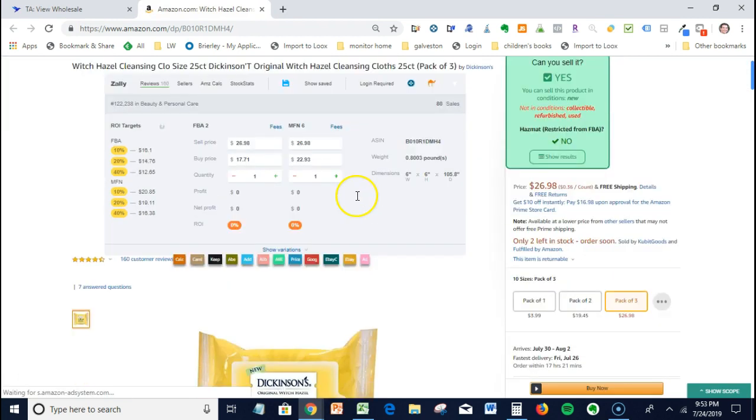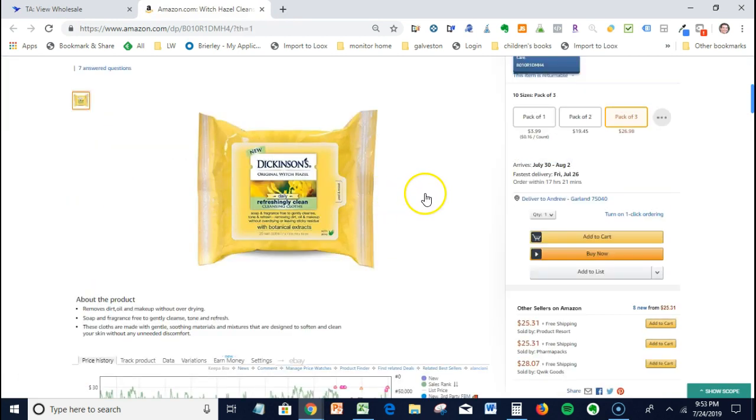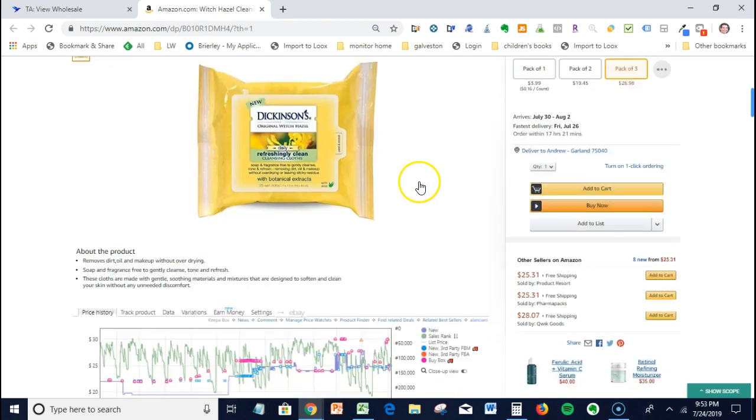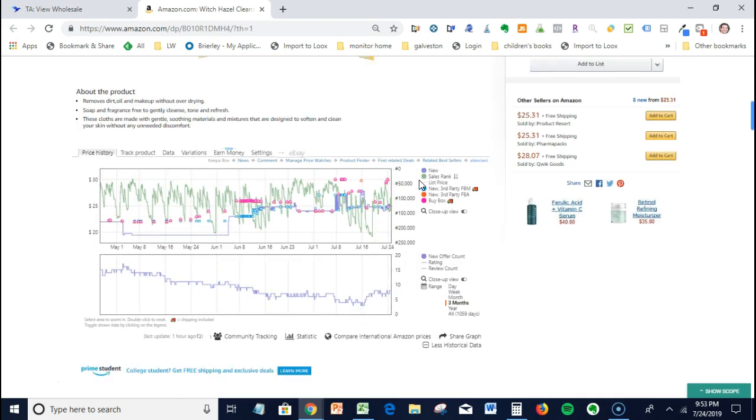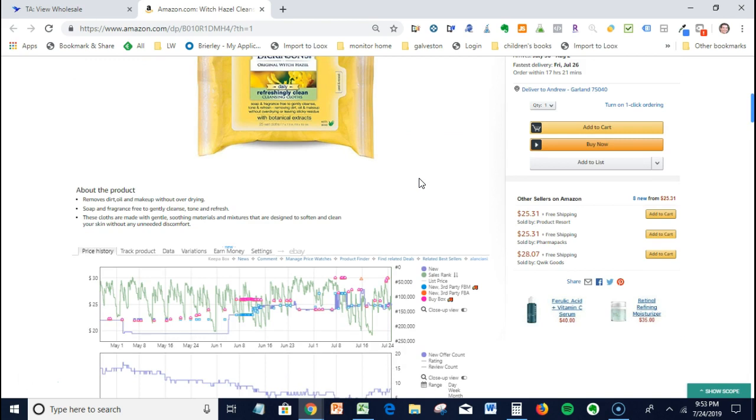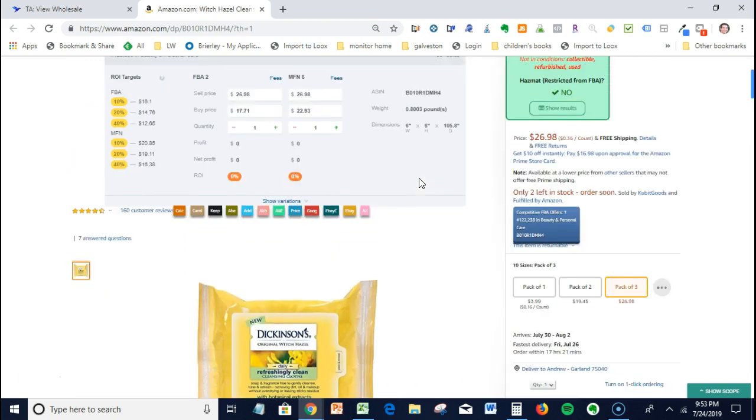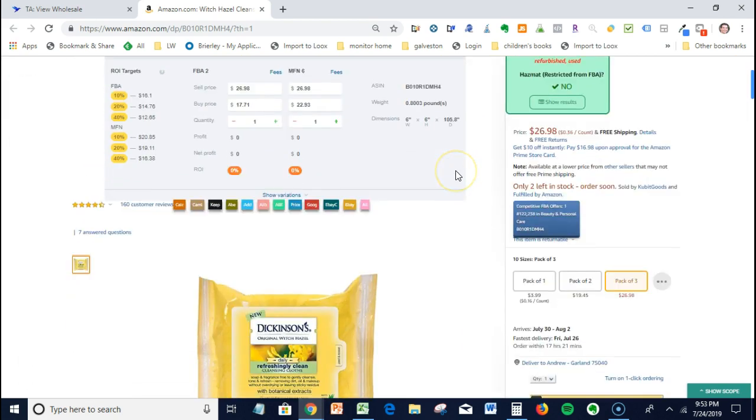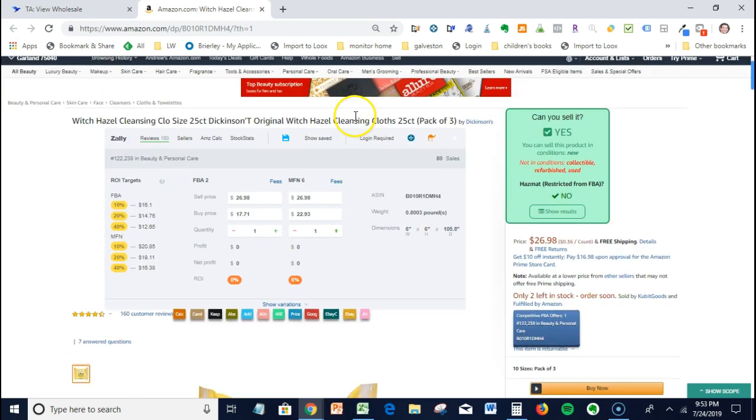Okay, so what do we got here? This is a 3-pack for $26.98. Looks like it's selling pretty well. Not restricted, which is good. Okay, so let's take a look and see.